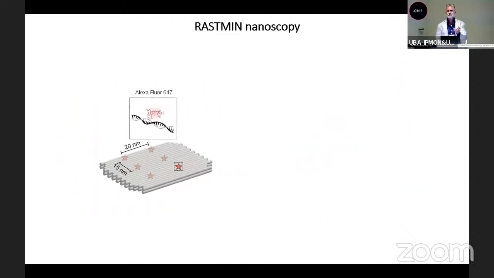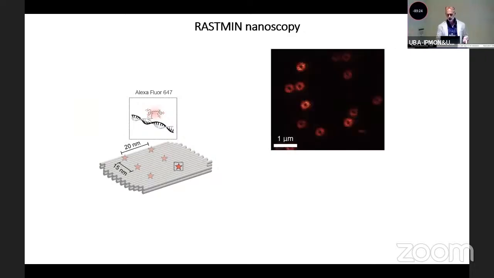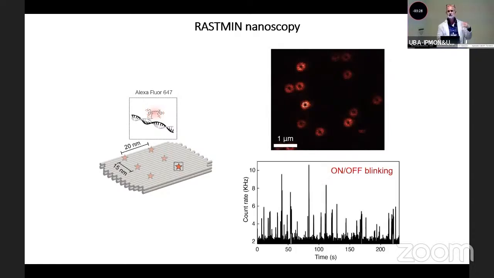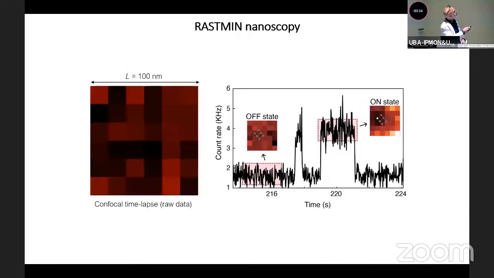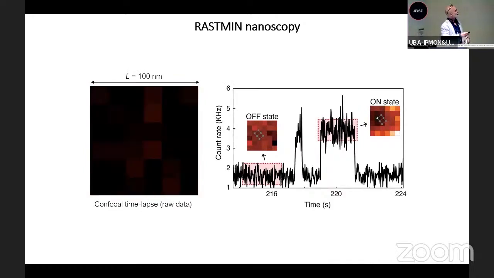Then we tested it again to image using a DNA origami. So we prepared a DNA origami with 6 fluorophores. We put them on the microscope. The origami looked like this. We pick one, and we start scanning a small area, and we let molecules blink. So the experiment looks like that. We are scanning a 100 nanometer area on top of an origami, and we let molecules blink.